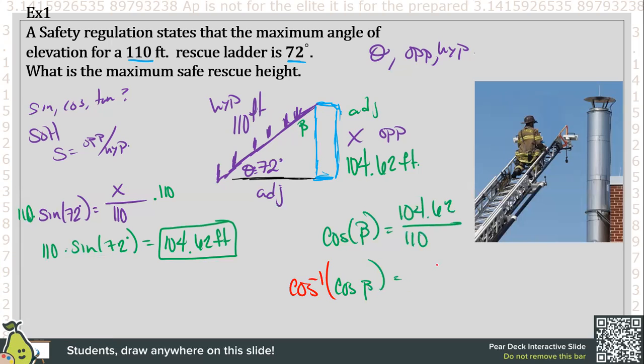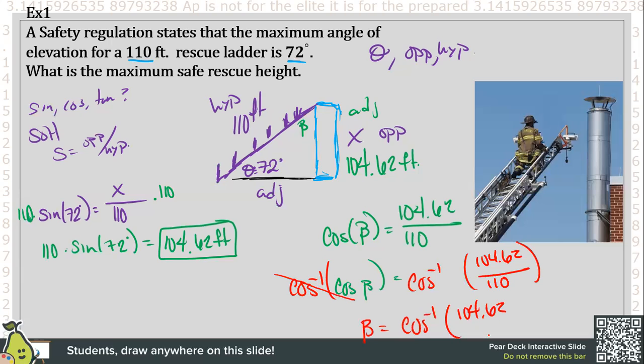So cosine inverse of 104.62 over 110. When you have cosine and its inverse function, remember there's an identity, they're inverses. So therefore beta is equal to the arc cosine of 104.62 divided by 110.